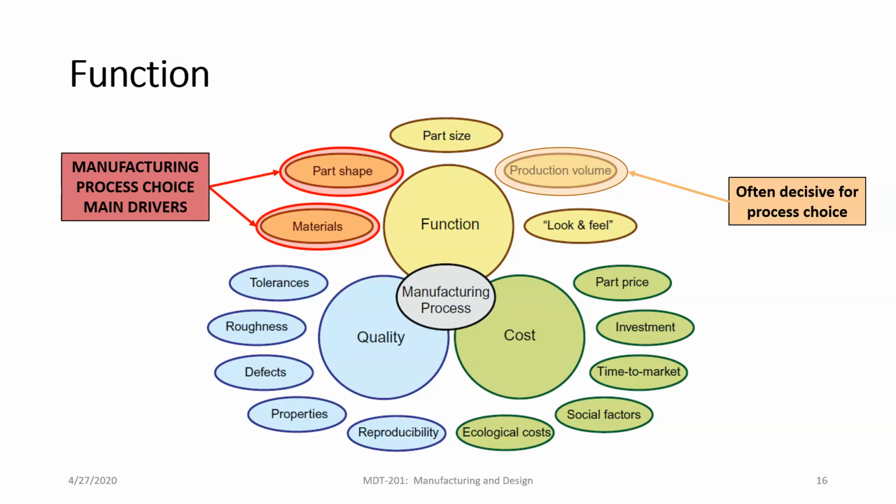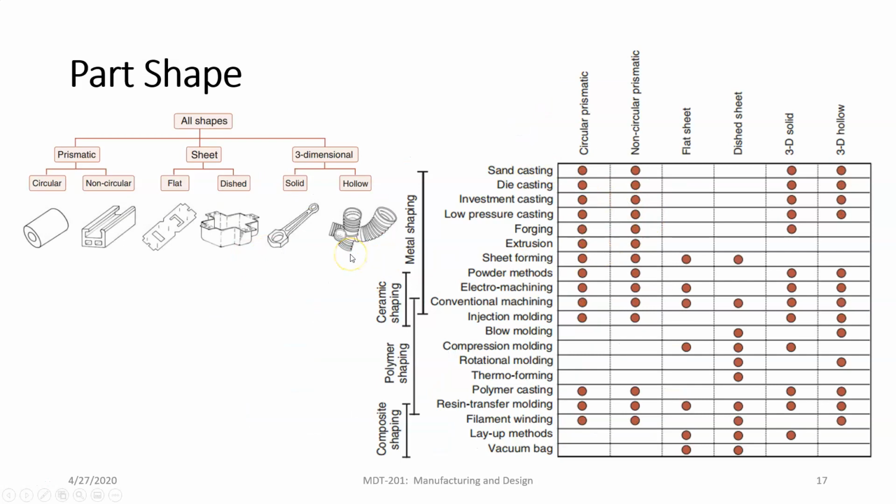If you're making tens of thousands of these cars, then it starts to get cheaper and cheaper. Part size is also important. Large parts require special production processes. Small parts also have special production processes.